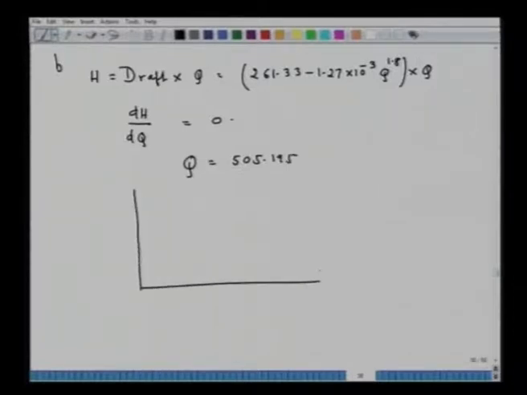That means if I plot here the horsepower equivalent of energy in watt, then this will be 0, that I have to calculate from the draft here, and it will go this way and it will again come to equal to 0.